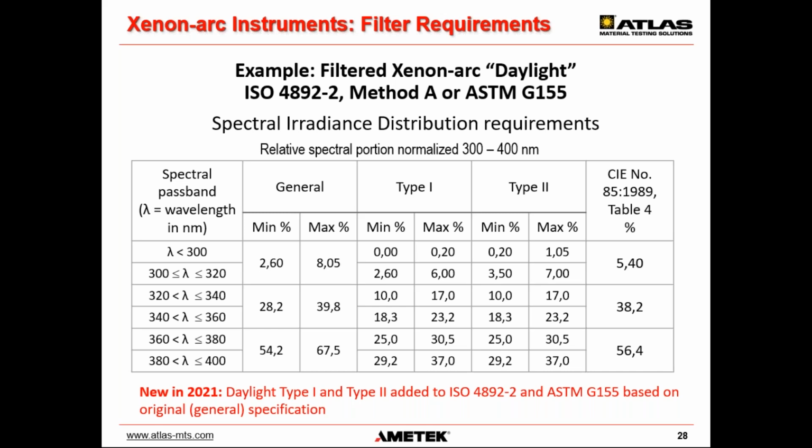I'm going to briefly touch upon type 1 and type 2 now, but more detail in the next slide, where you now have type 1 and type 2 daylight filters. For those of you that are used to the traditional daylight and window glass filters, now there's type 1 and type 2 daylight filters.